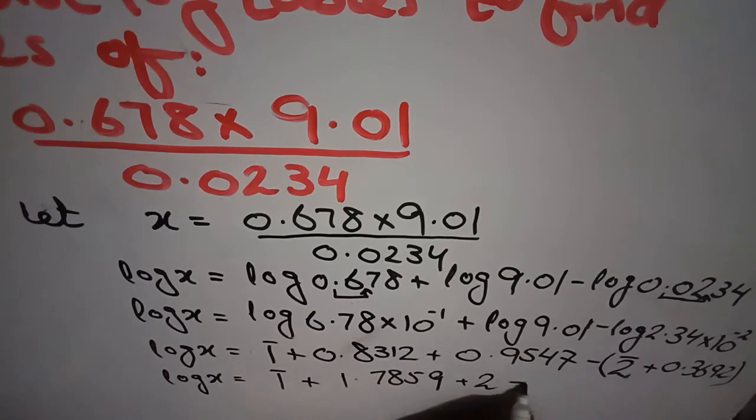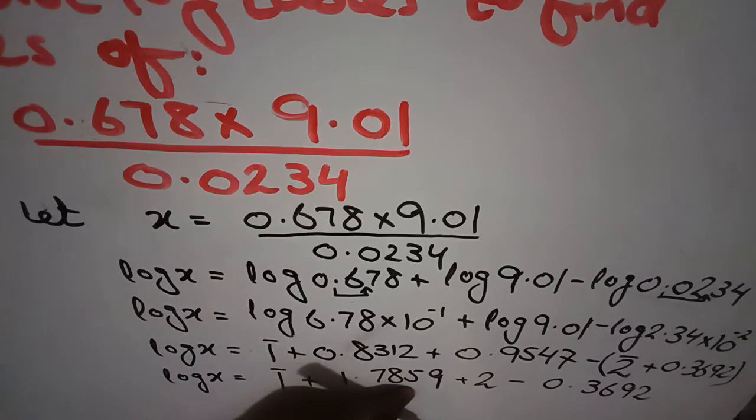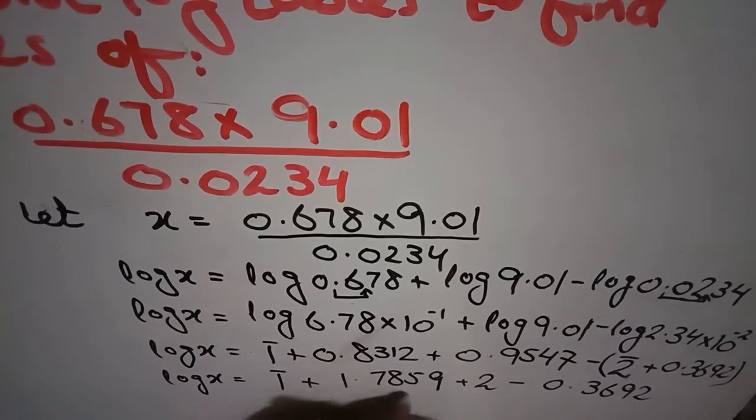Now minus 0.3692 here. Now subtract this value from this one. Surely, this is the negative value and this is the positive value.